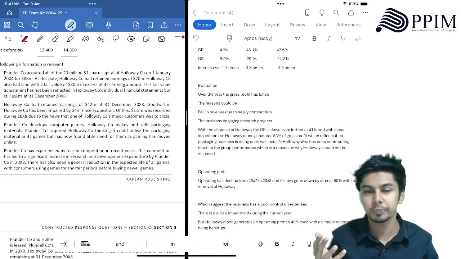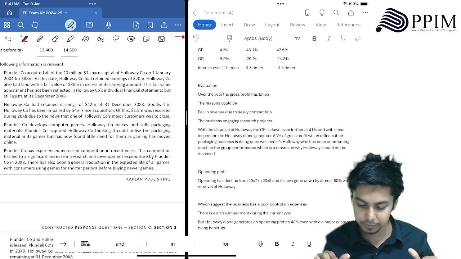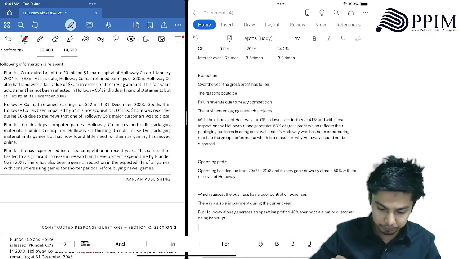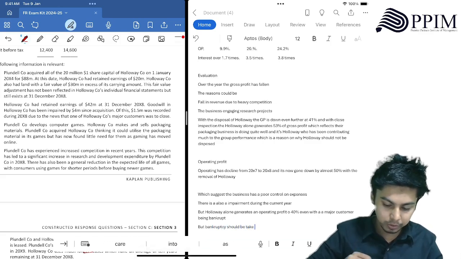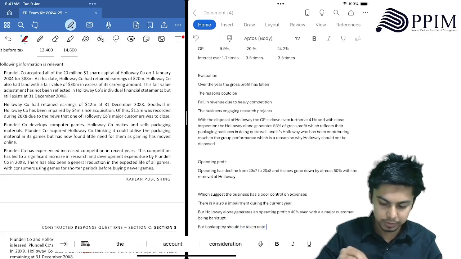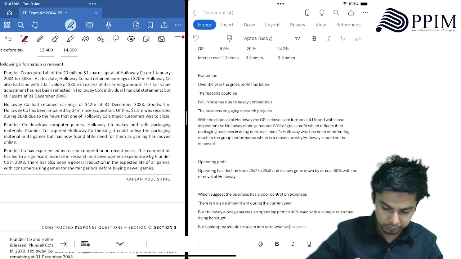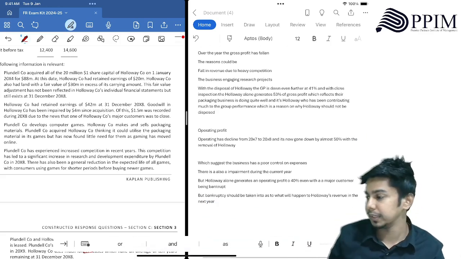Next year, what's going to happen to Holloway's revenue is a little questionable. So the bankruptcy should be taken into account as to what will happen to Holloway's revenue in the next year.